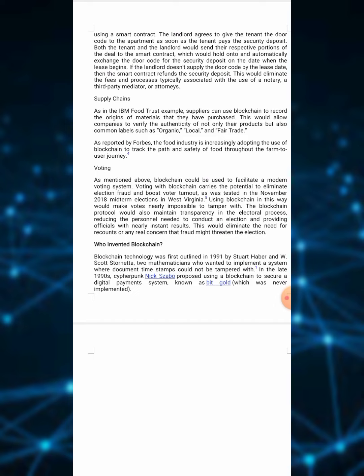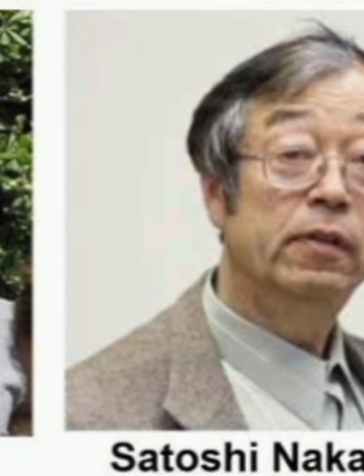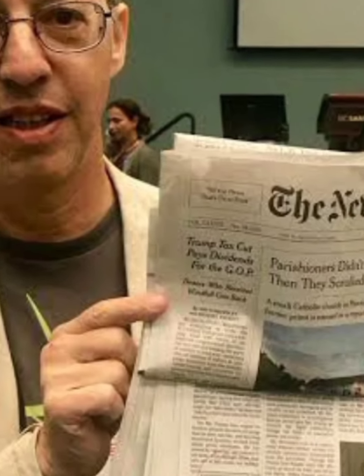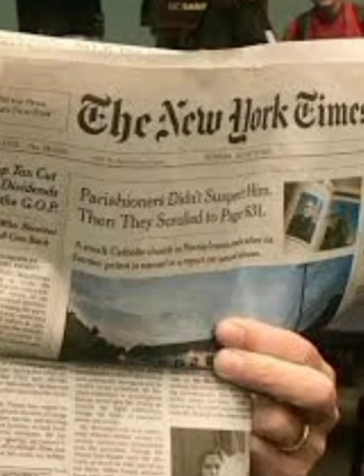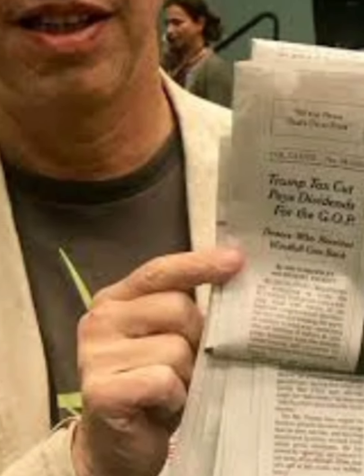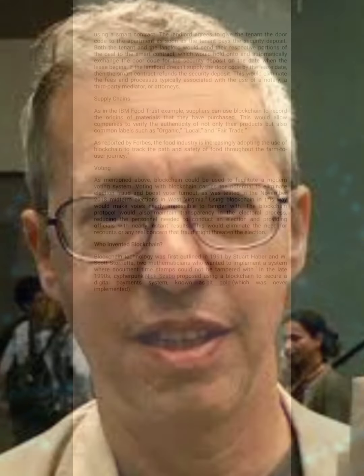The goal was to implement a document whereby the information within it cannot be altered for any reason. Then in the 1990s, cypherpunk Nick Szabo proposed using blockchain technology to store a digital payment system known as Bit Gold. This was never implemented.